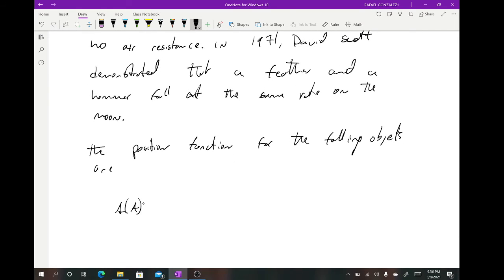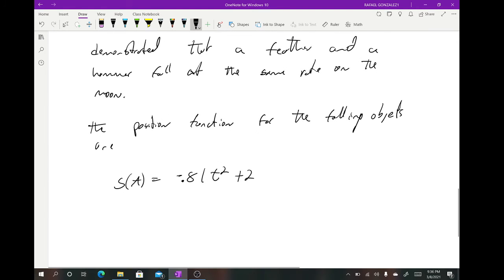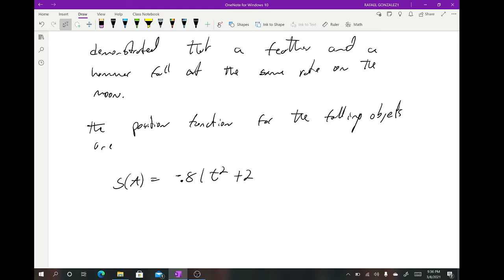S of t, remember this is a position function, so we call it S of t, equals negative 0.81 t squared plus 2. And S of t is the height in meters, and t is the time in seconds.